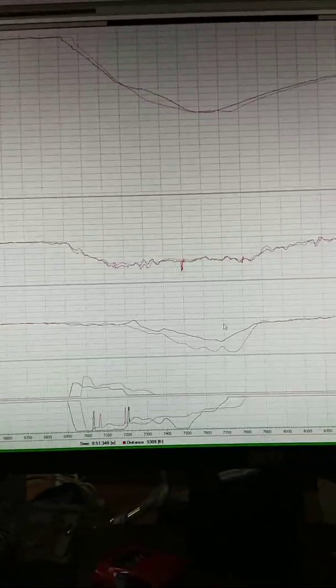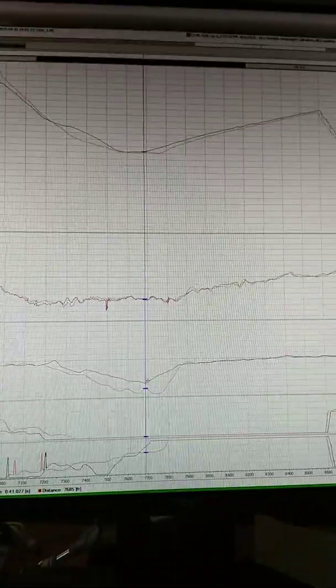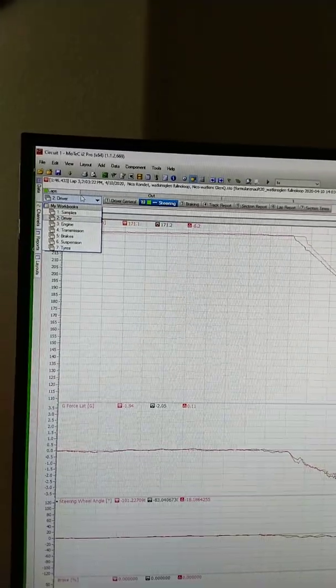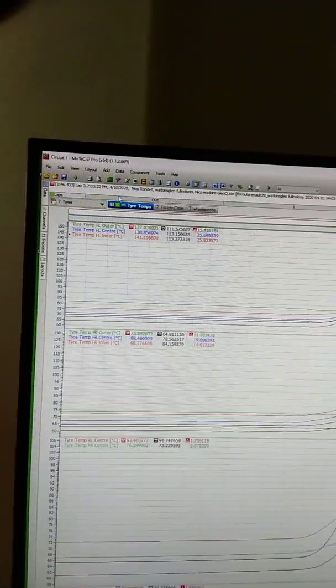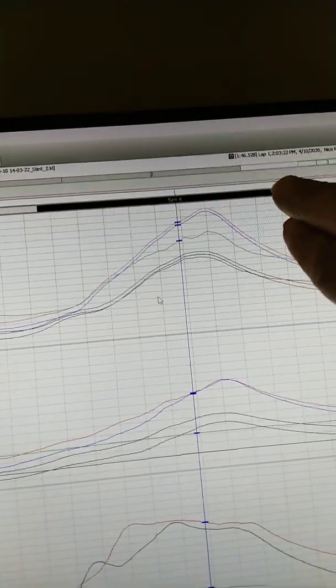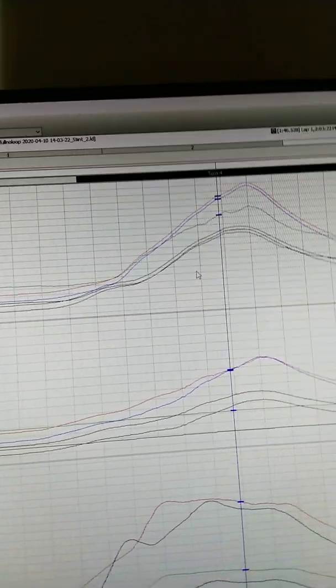Now, what is real is that if I go back to this turn 5, and if I shift to my temperature page, I'll go to driver here, I have my workbook well organized, I go to tires, and I get a temperature. And you see, let's focus on the two upper groups, which are the left front and the right front tires. The rears are very similar.